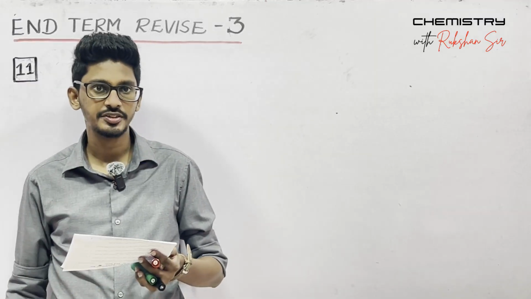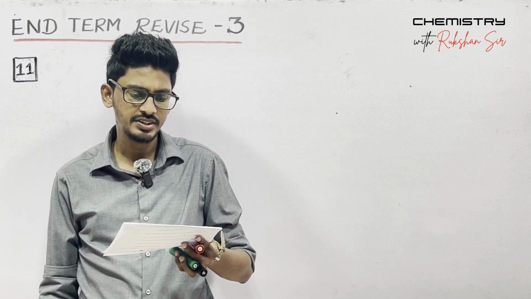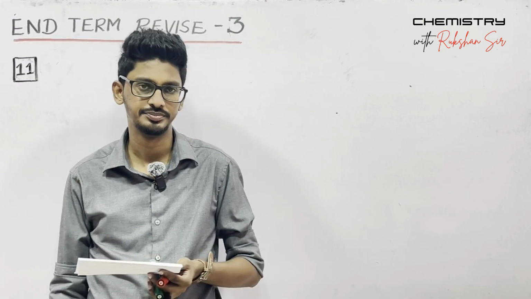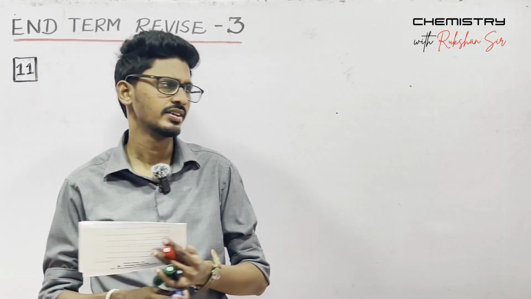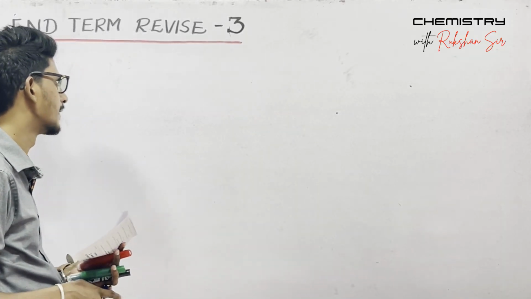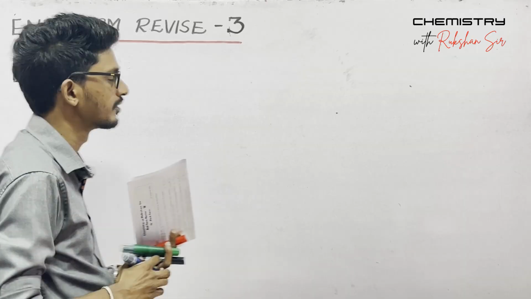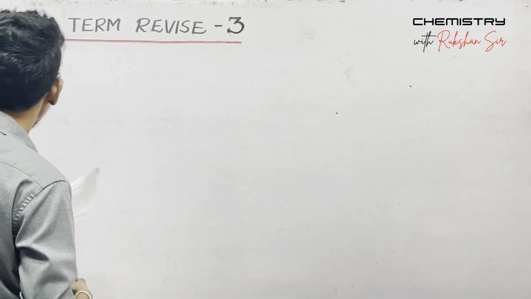Let's discuss statement 11. See what it says: when two species are with the same shape, their electron pair geometry should be the same. Not necessarily, right? With the same shape, you can think of different electron pair geometries as well.